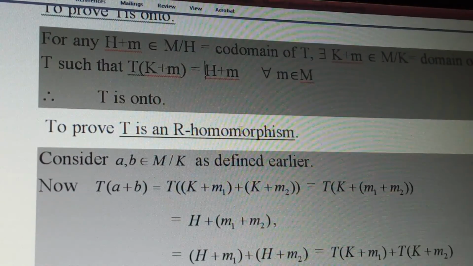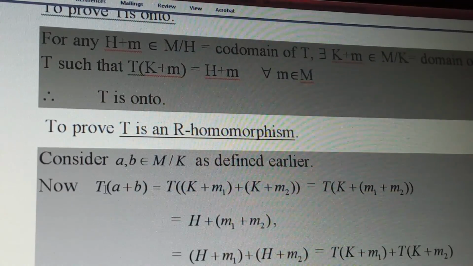Last, to prove T is a homomorphism, again two conditions are required. We take two elements of the first quotient module, and T(A + B) operates on these two elements.